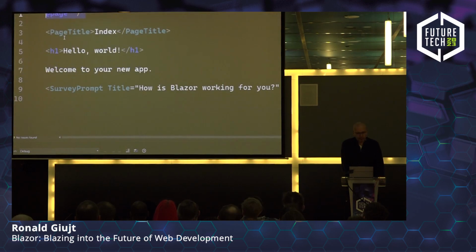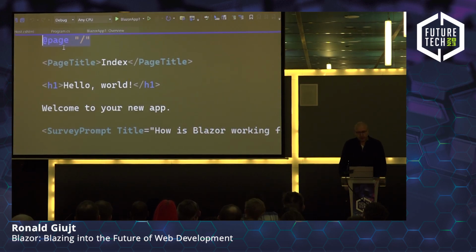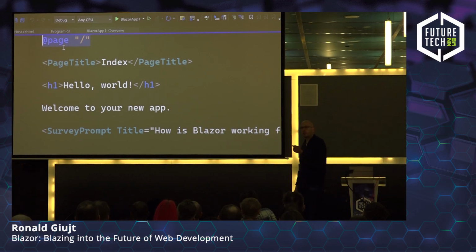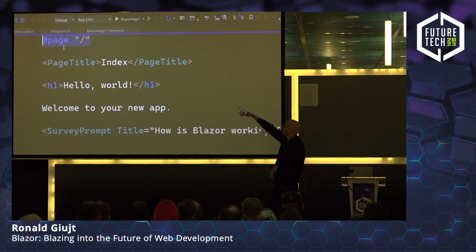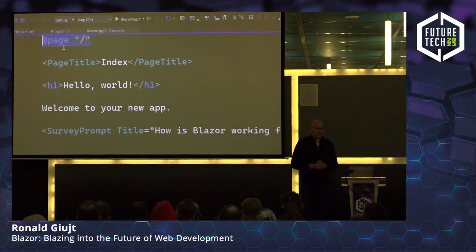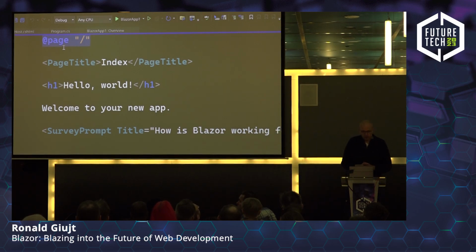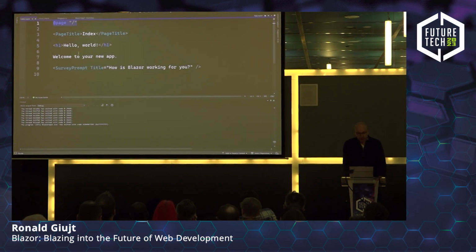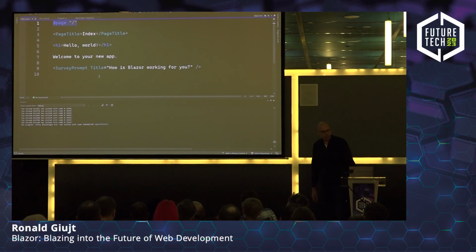It starts with page, right? This is information for this router component. So it will be read by the router component. It'll see, oh, wait a minute, this is the landing page. This is the root. So when there's nothing behind our main domain URL, then I will render this. Hello world, welcome to our new app. How are you? Or whatever, right? That's it.